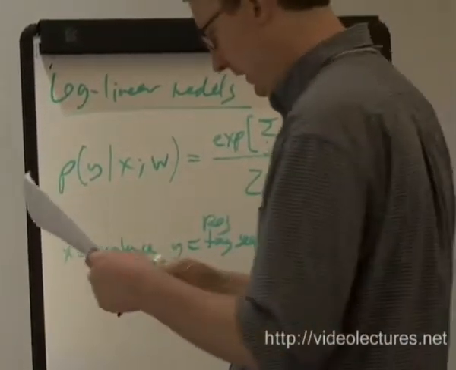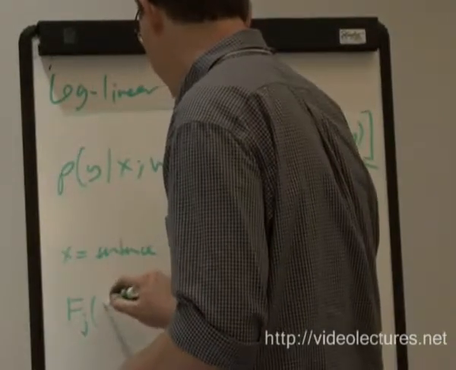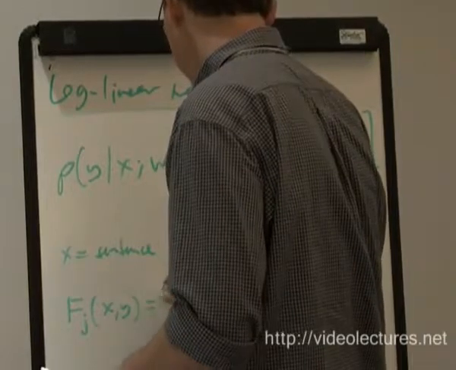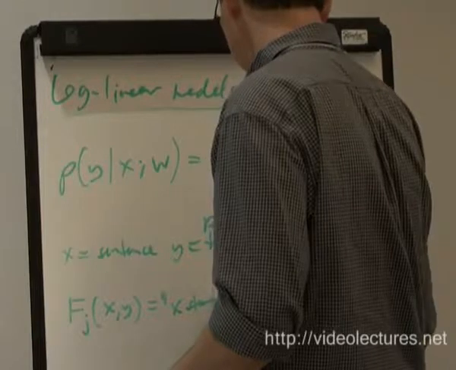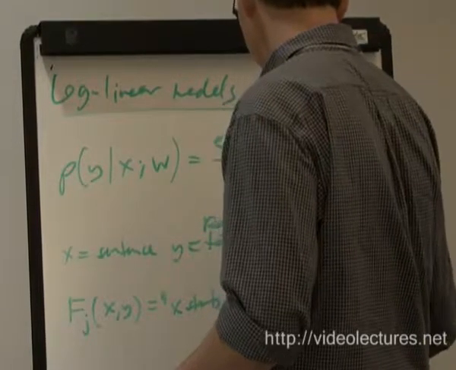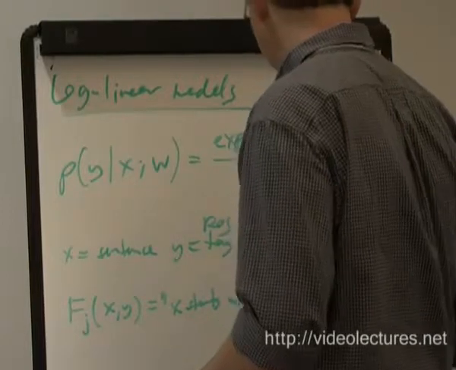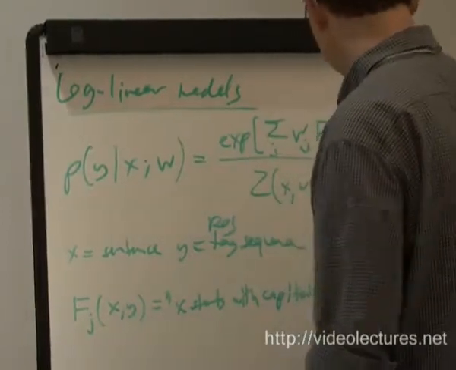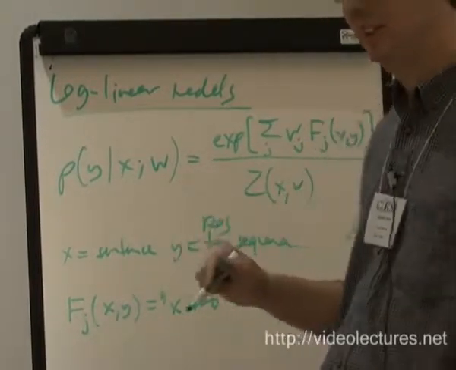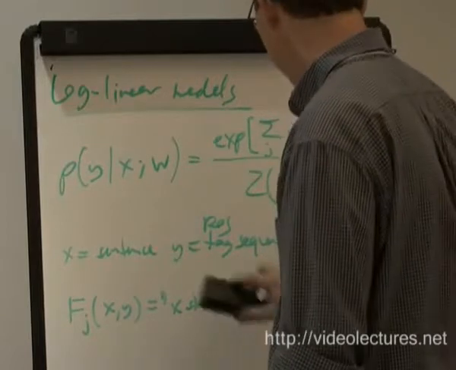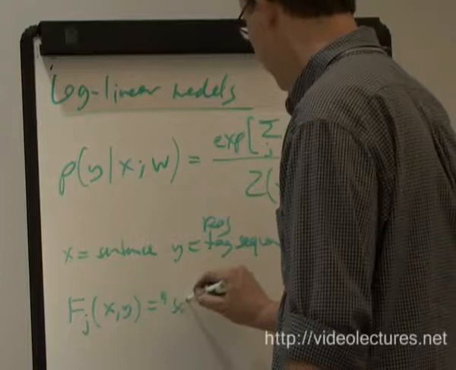Then I might have fj of x and y would be, x starts with a capitalized word, or well, all sentences start with capitalized words, so that's not good. Okay. So just second word is capitalized.